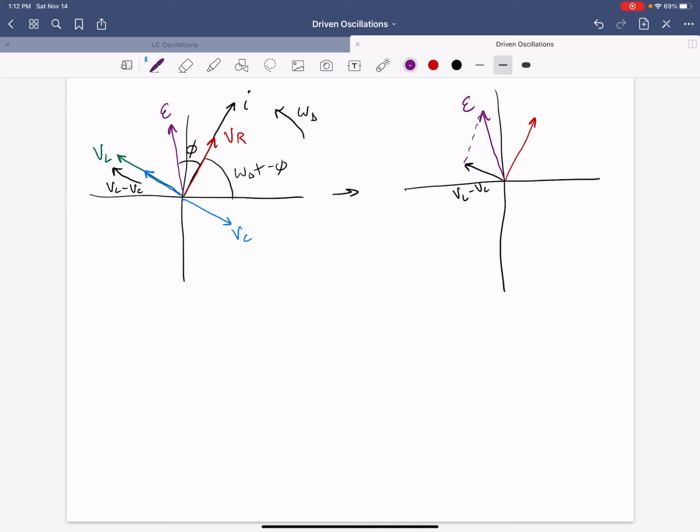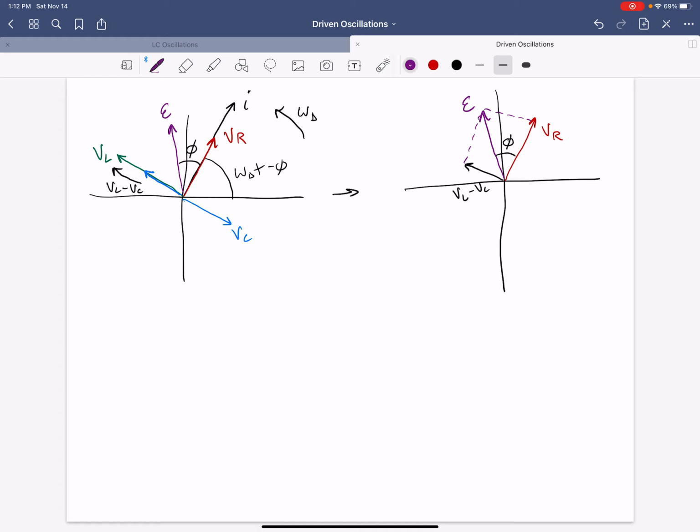What does this look like? The EMF effectively is the hypotenuse of that triangle, with sides VR and VL minus VC. So that's a right triangle, and the angle right there is phi.